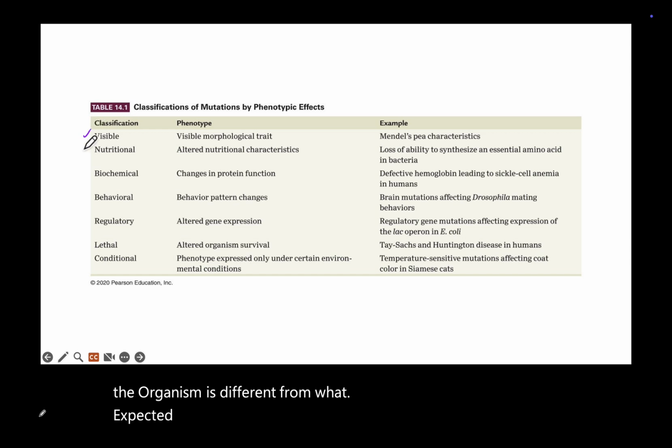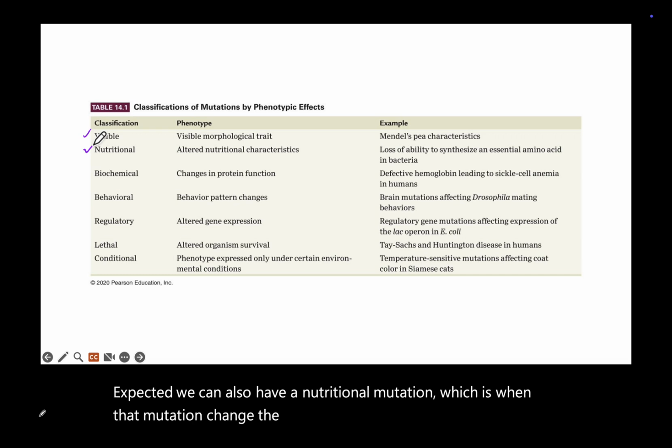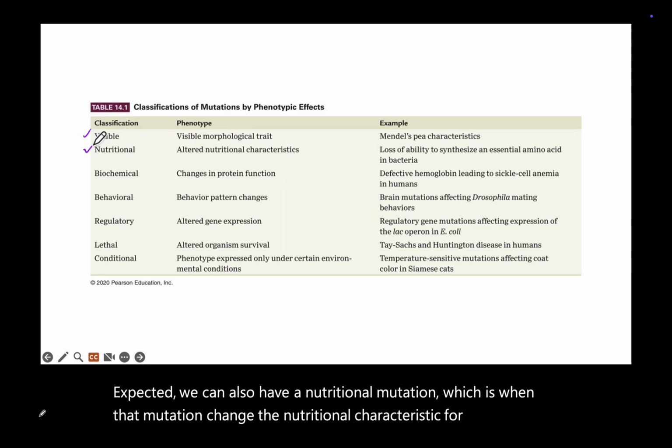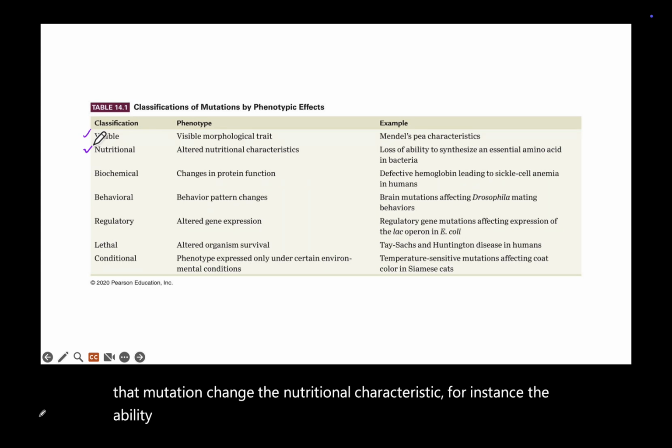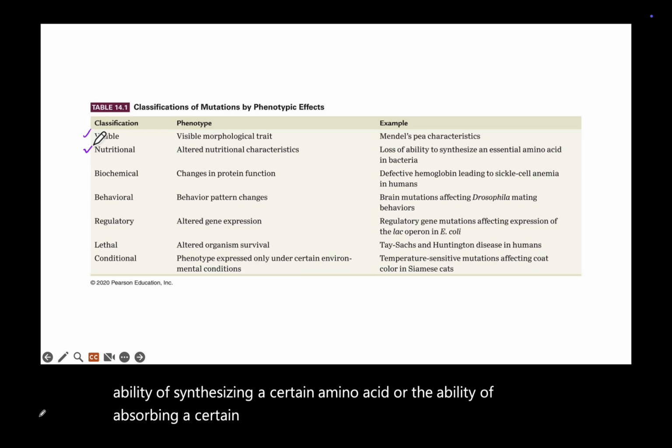We can also have a nutritional mutation, which is when that mutation changes the nutritional characteristic. For instance, the ability of synthesizing a certain amino acid, or the ability of absorbing a certain nutrient, the ability of breaking down starch, something like that.